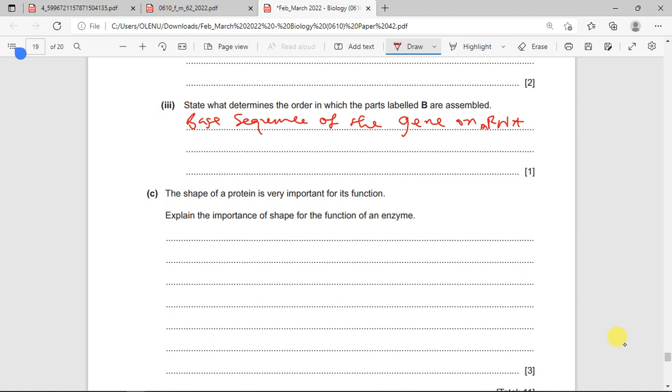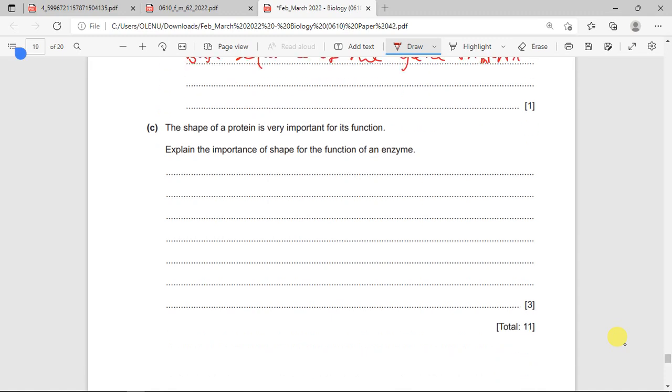Then the last question is, the shape of a protein is very important to its function. So explain the importance of shape for the function of an enzyme. So simple. We're looking at an enzyme. So enzyme has a specific shape of active site. That's all you need to write. First part.